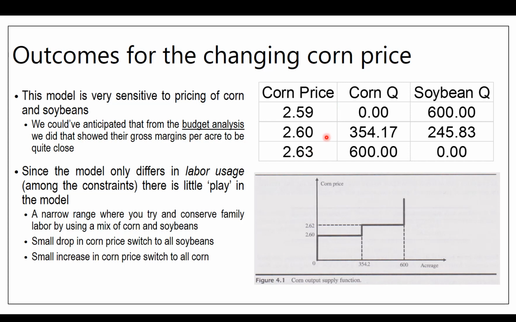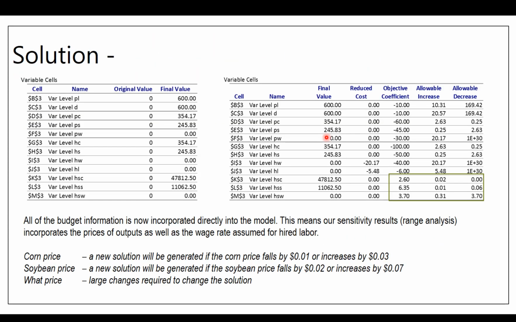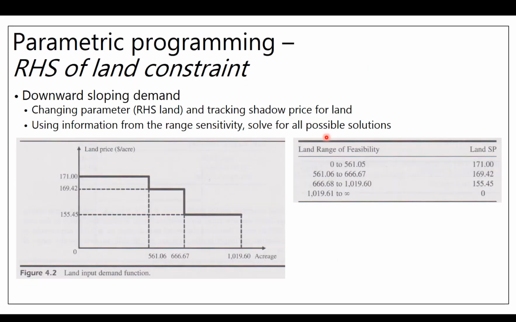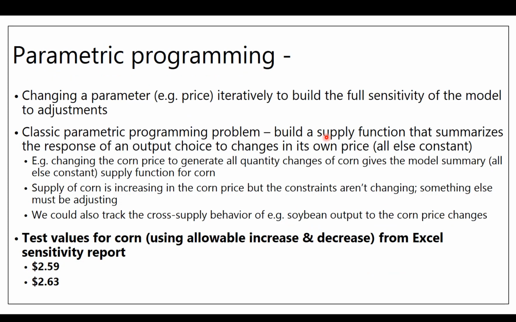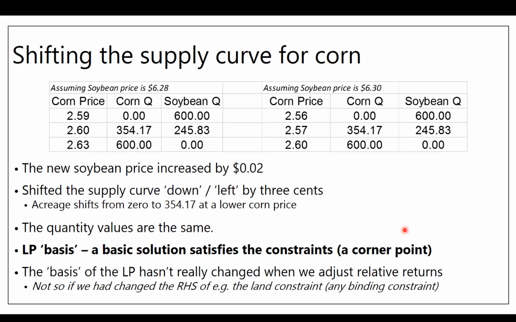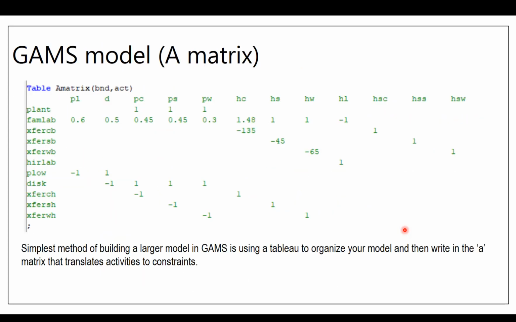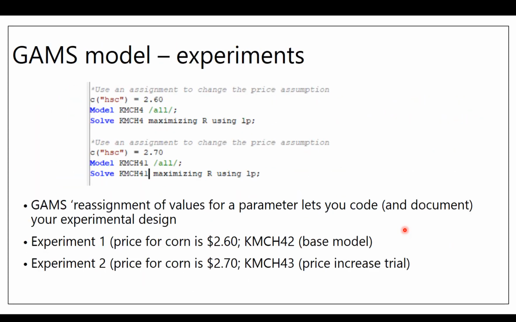These price adjustments from the allowable increase and decrease are good enough once we get to this point and see that they're all or nothing. They are good enough for us to get the full range of flexibility for the corn price. Okay. Now, if we switch to some other parameter, it may have more adjustments.